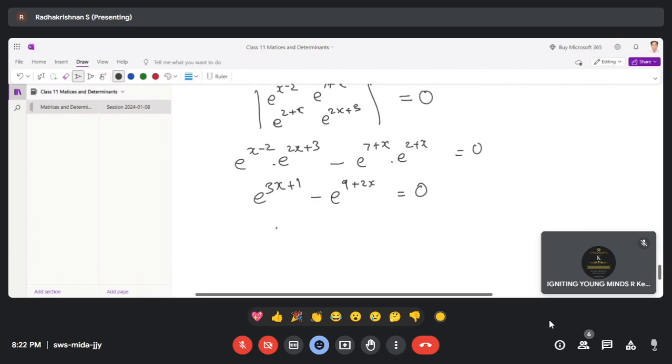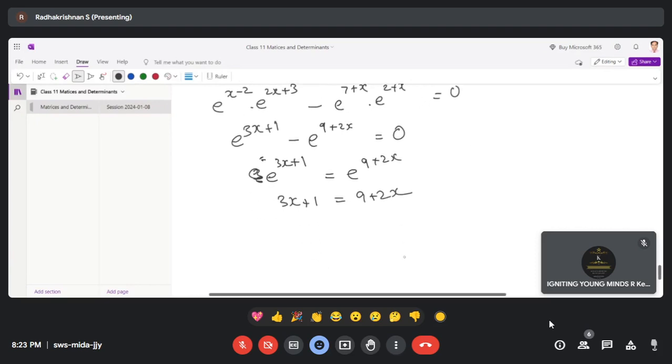That means e power 3x plus 1 is equal to e power 9 plus 2x. So what can we conclude from this? e power 3x plus 1 equal to e power 9 plus 2x means 3x plus 1 has to be equal to 9 plus 2x. Solving this, subtract 2x from this side and 1 from that side, you get x equal to 8. This is your option 2.